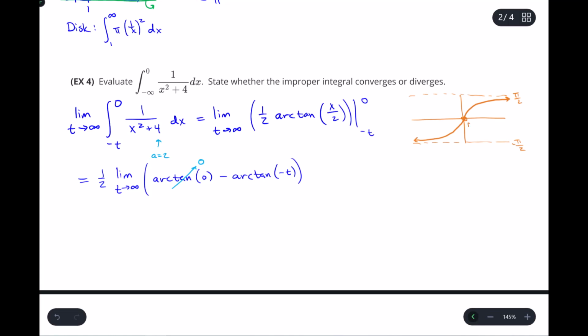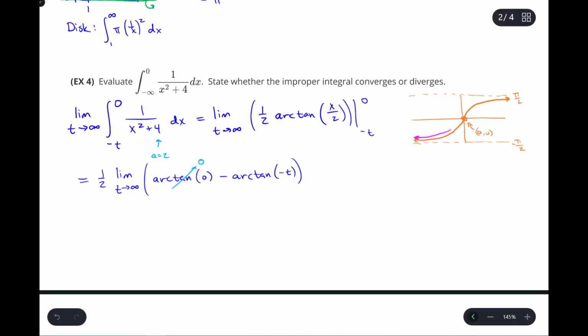Here's arctangent of 0, which is 0. Okay. Another important point is arctangent of 1, which is pi over 4, because that's just where sine and cosine agree with one another. Anyway, as we let the arctangent function go to negative infinity, what we're doing is observing where this function's going in that direction.